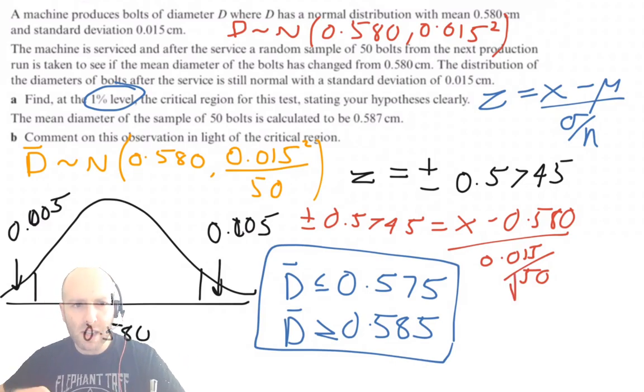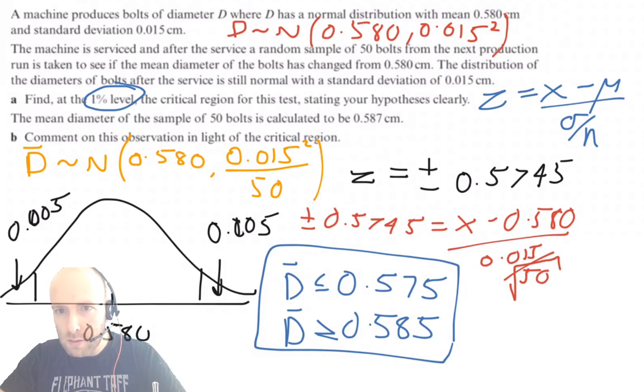Sorry, let's recalculate this. If I go back to the calculator, who spotted that? Good job, Lucas. Sigma then should be 0.015 divided by the square root of 50.